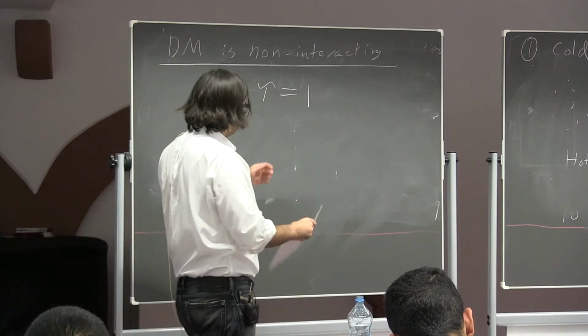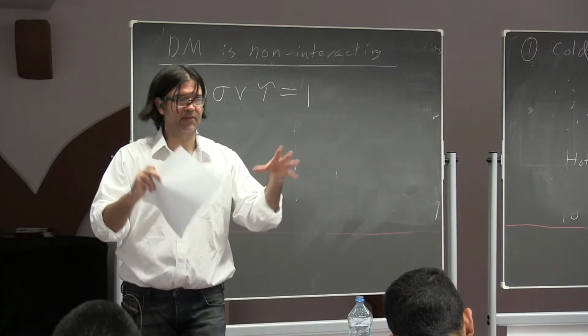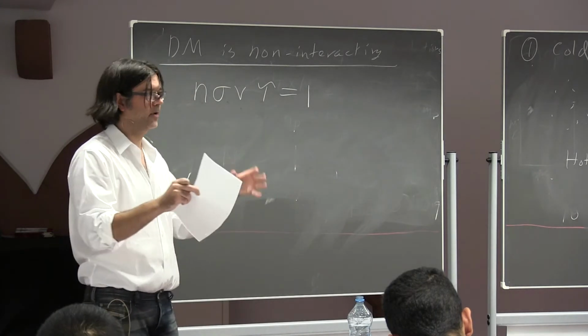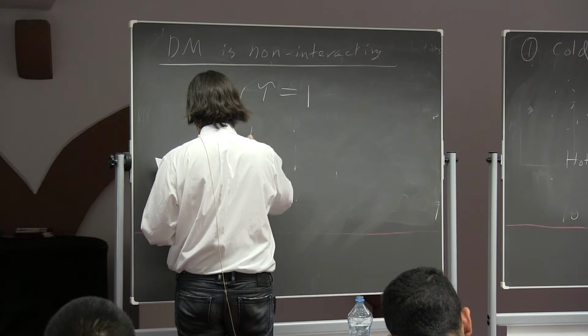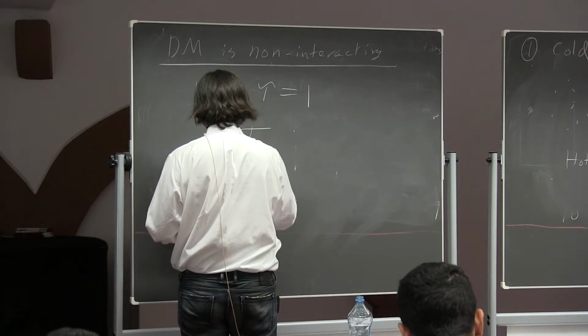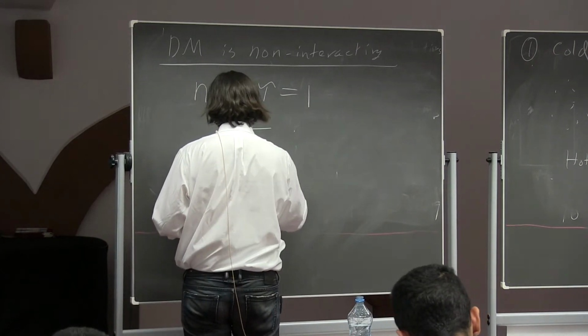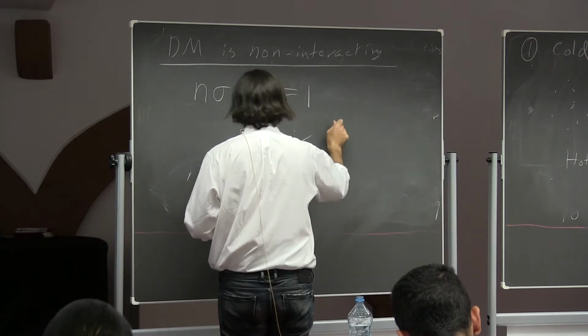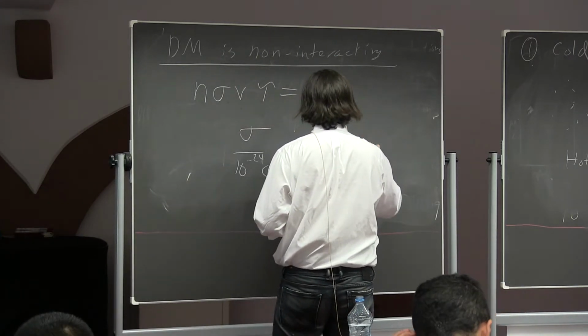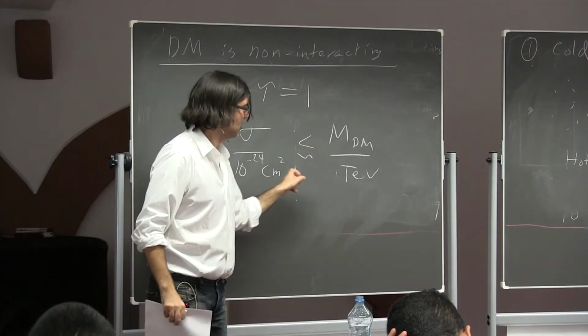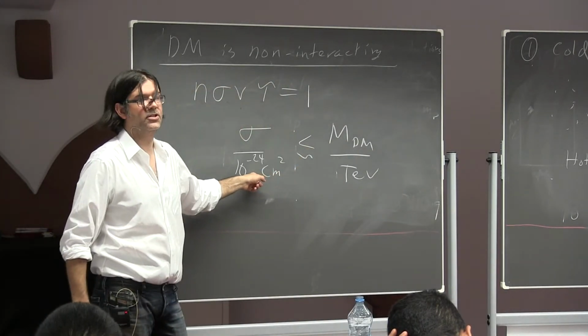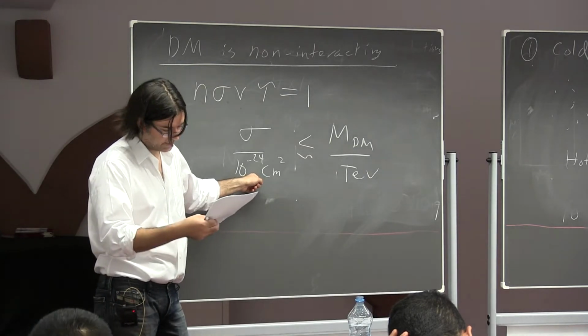And what's funny is that you can plug this into a lot of different systems, and you'll end up with comparable answers. The answer that you get is that the cross-section for a TeV mass particle should be less than about 10 to the minus 24 centimeters squared.